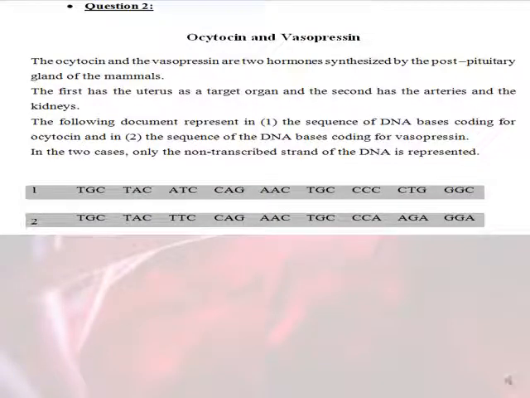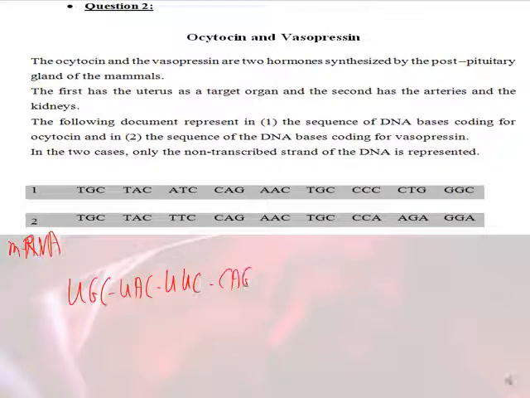The second sequence. Let's move to the second sequence, which is for the vasopressin. Also the same, mRNA, the same sequence, instead of T is replaced by U. So it becomes UGC, UAC, UUC, CAG. We're working with this sequence, okay? So pay attention.